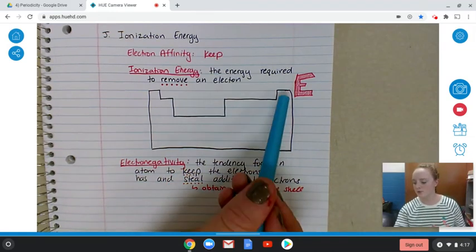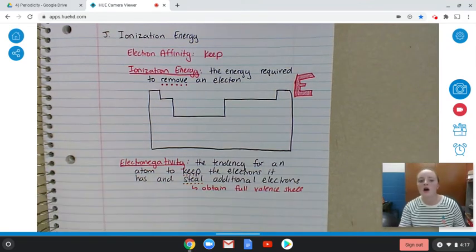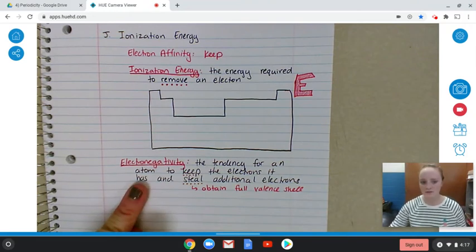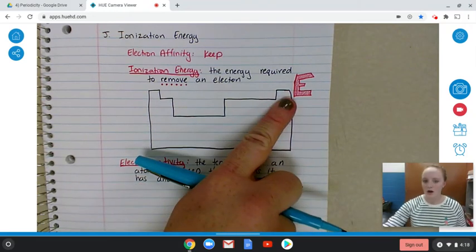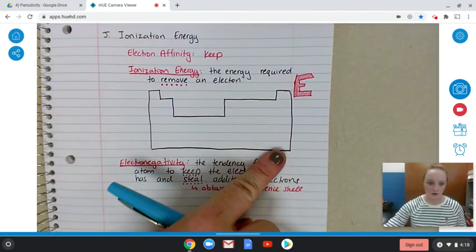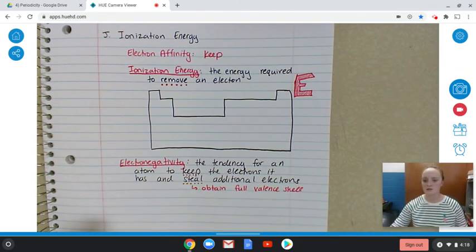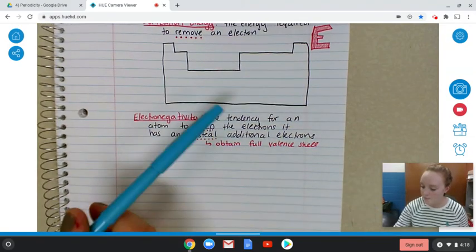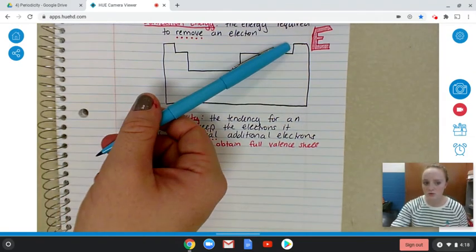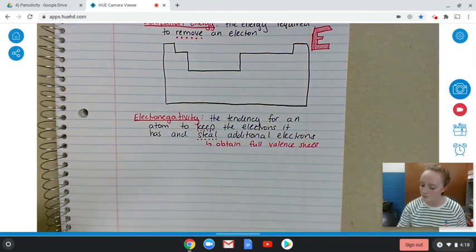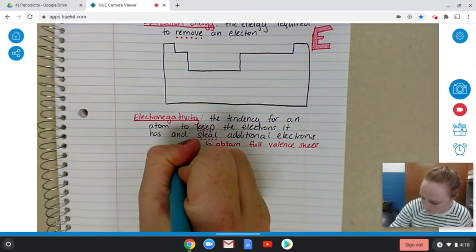Now, if you remember, our noble gases are already at a full valence shell. So noble gases are 0 for electronegativity because they have no desire to steal any additional electrons. So it will also increase towards that upper right-hand corner, but not for noble gases.